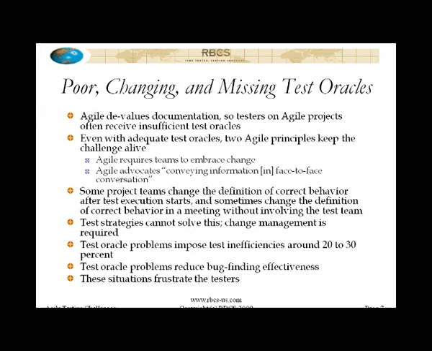Now, our estimates on projects are that if you have serious test oracle problems, that will impose an inefficiency of 20, 25, 30% or so, both in terms of test development and test execution. And that inefficiency is also imposed on the development team at large, because the test team is forced to adopt an attitude of, if in doubt, it's a bug.